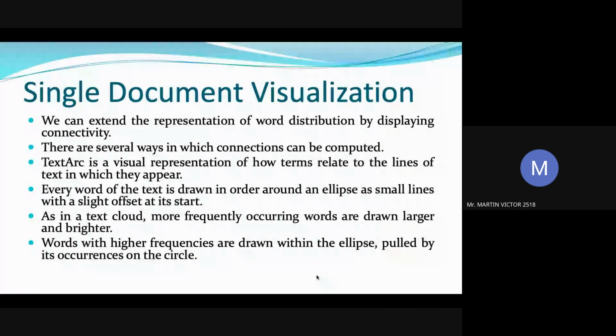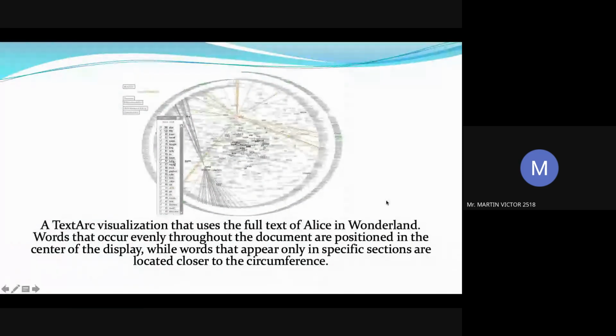You can see this is what your text arc is. The words that occur evenly throughout the document are positioned in the center of the display, while the words that appear only in specific sections are located closer to the circumference.